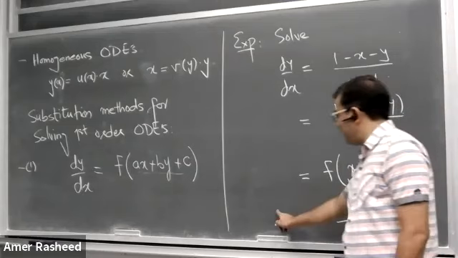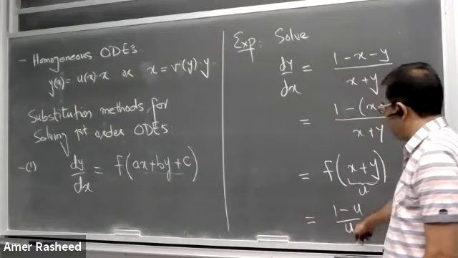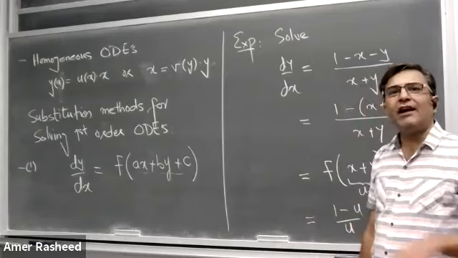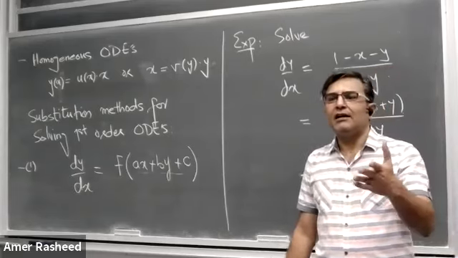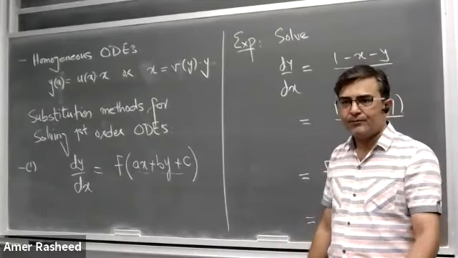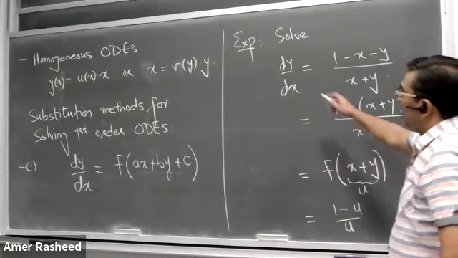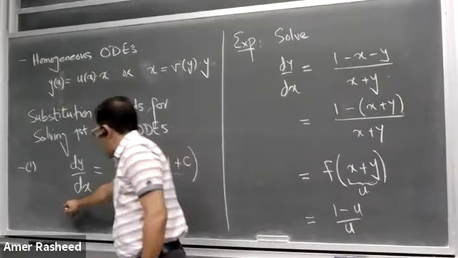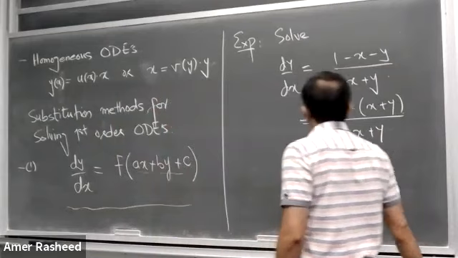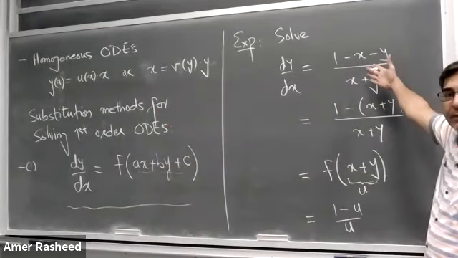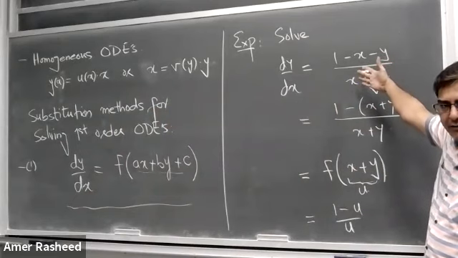Now, here we have dy by dx, and here we have 1 minus u over u. So this right hand side is a function of u and the left hand side is a function of x, because y depends on x. Of course this is neither separable nor linear.